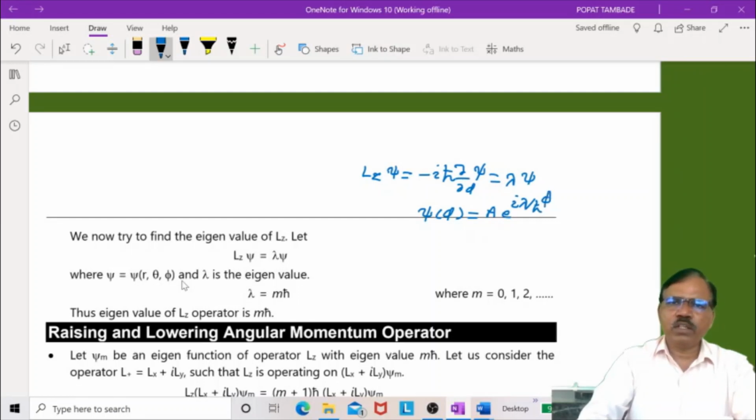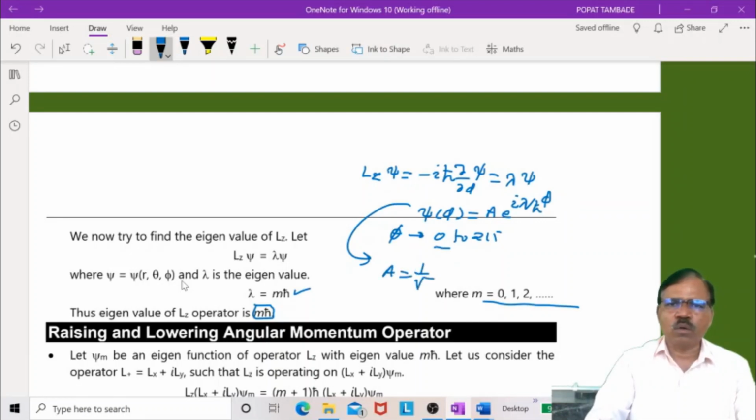And if we use the condition of phi, from 0 to 2 pi, we get lambda is equal to m h bar, where m is equal to 0, 1, 2, 3, and so on. And these are called eigenvalues of Lz operator. And if we normalize this over this range, we get A is equal to 1 upon root of 2 pi.